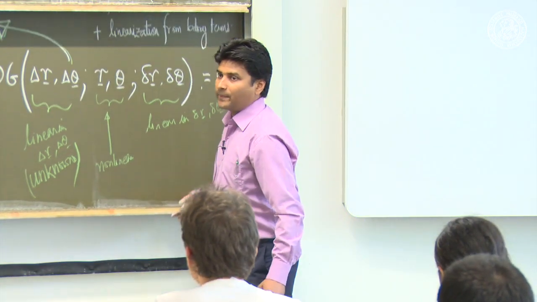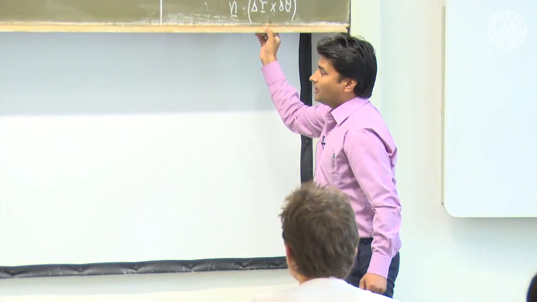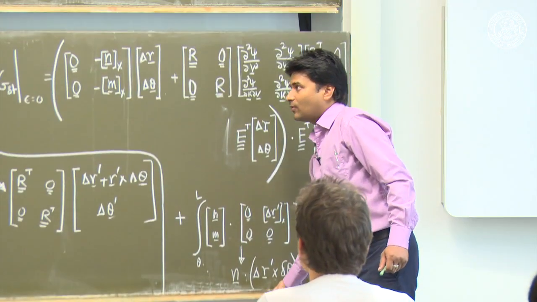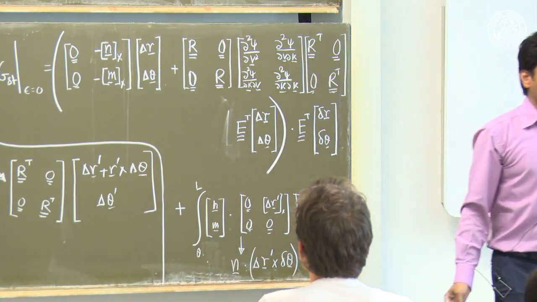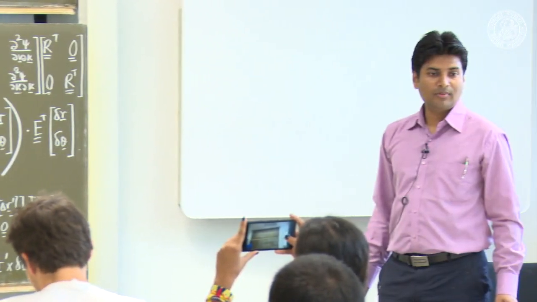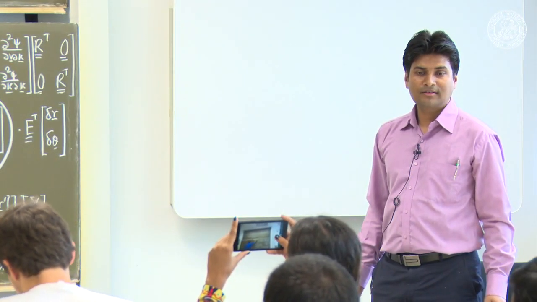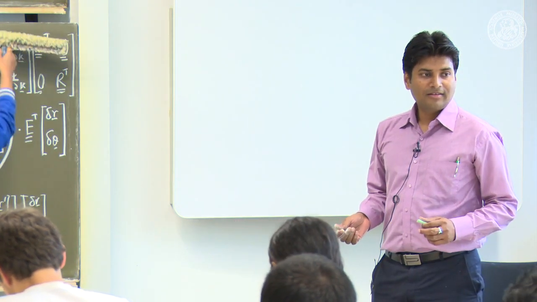So the next thing is, once we have got the weak form, then we had the linearized weak form. So what's the next step in any FEM method? Yeah?